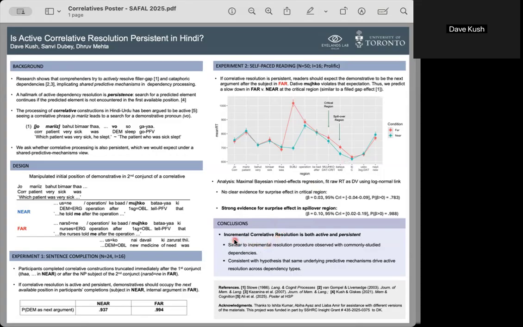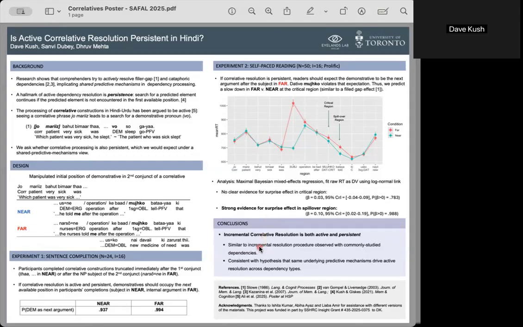So our conclusions: we basically conclude that incremental correlative resolution is both active and persistent. And that is similar to incremental resolution procedures observed with more commonly studied dependencies like filler gap dependencies and cataphor dependencies.